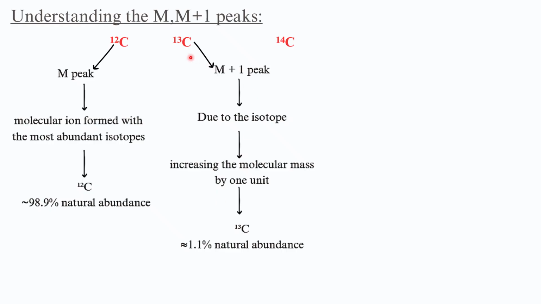Now, carbon 13 is approximately 1.1% in nature. Hence, the other peak, formed due to the presence of carbon 13, we call what? M plus 1, because the molecular ion formed because of carbon 13 will have mass higher by just 1 unit. Now, when we talk about carbon 14, the mass is higher by 2 units, so there is a probability of the formation of an M plus 2 peak.